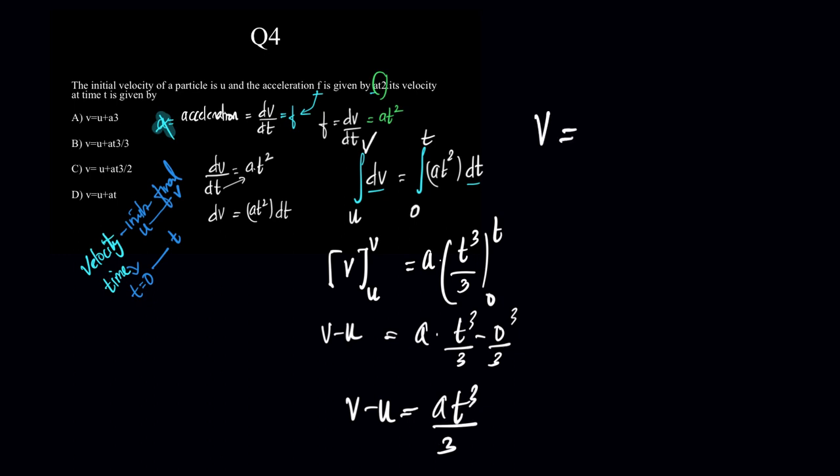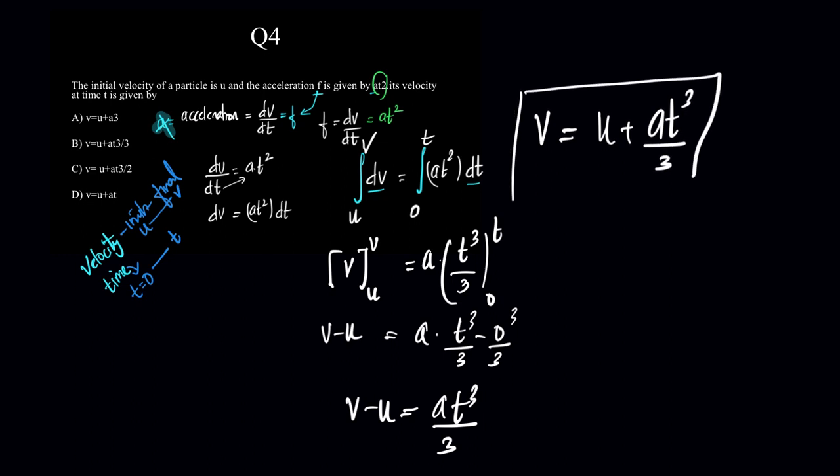Therefore, we can say that v is equal to u plus a t cube by 3. So this is the required relationship, in which case the correct option is option 2.